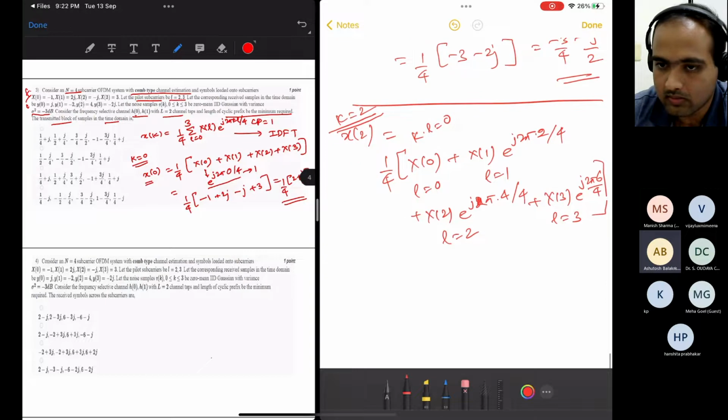Is anyone having any doubt in this step?